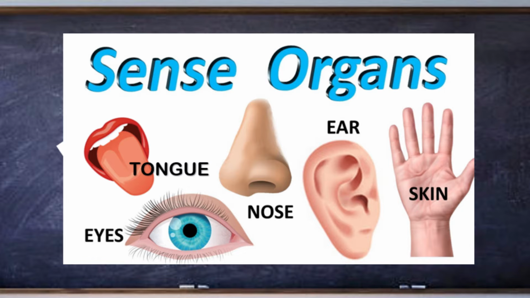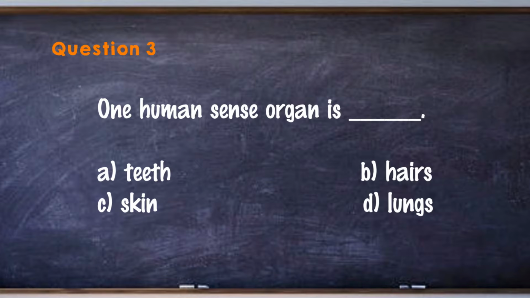They allow us to smell. This means the nose is a sense organ. They also allow us to hear. This means the ear is a sense organ. And they also allow us to touch. This means the skin is also a sense organ. So let's look back at our options. We have A, teeth, B, hair, C, skin, and D, lungs.